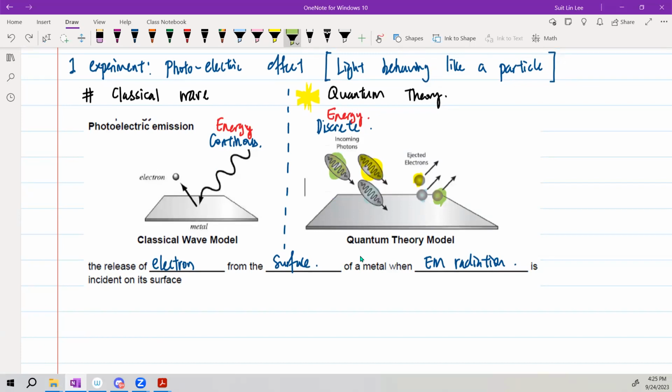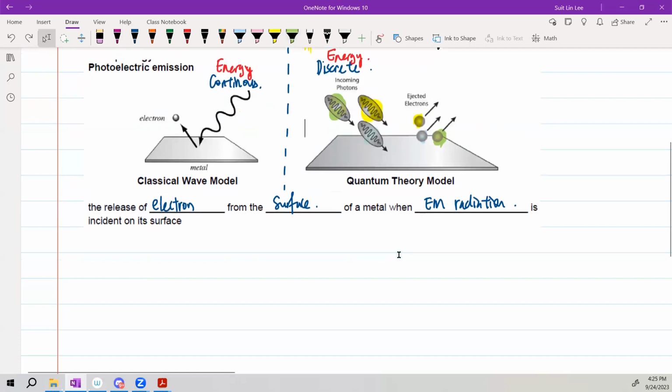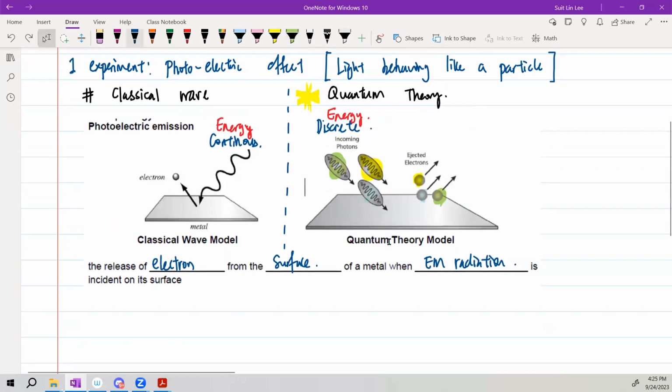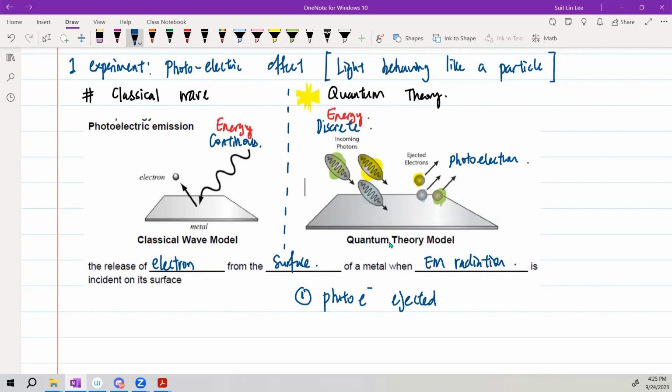Okay, so the main focus here is that there are 4 observations that show that this quantum theory works. Number 1, the ejected electrons that we call photoelectrons are ejected immediately. So you shine the light, it ejects immediately. It doesn't have to wait, because the energy of the wave is inside one packet, right?